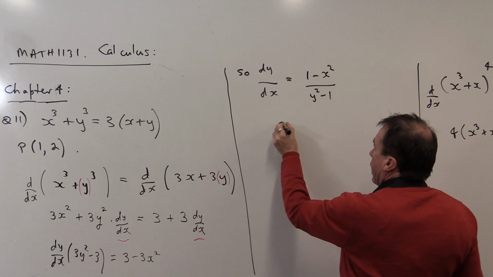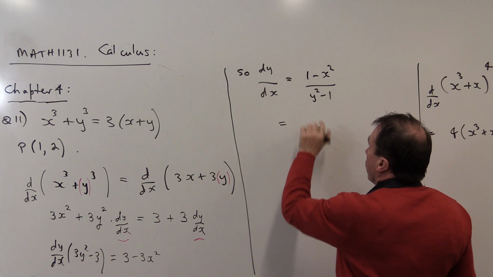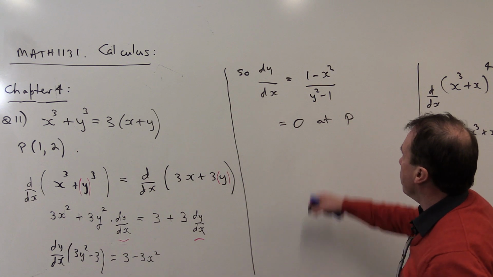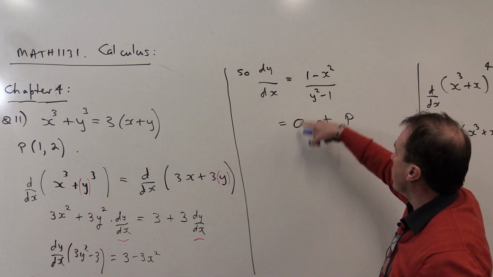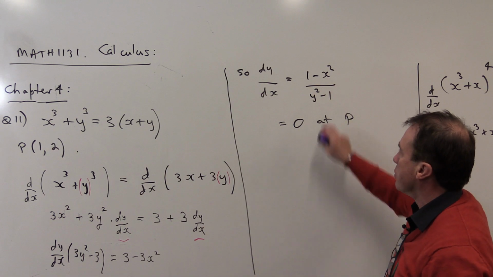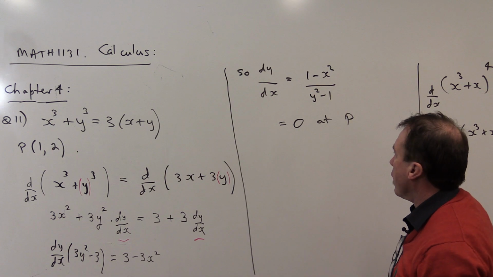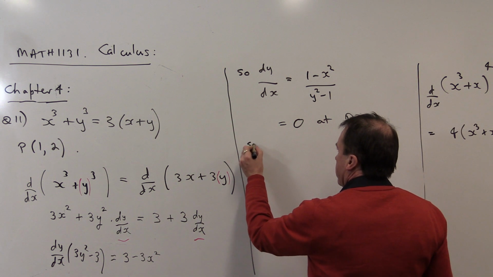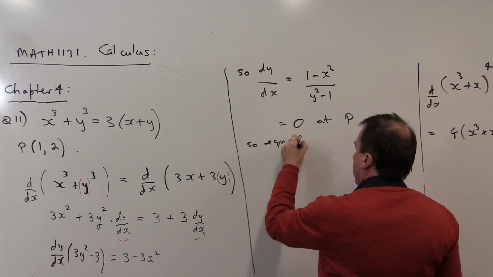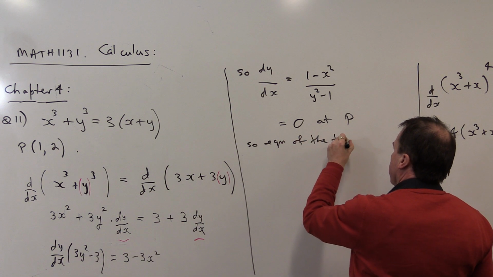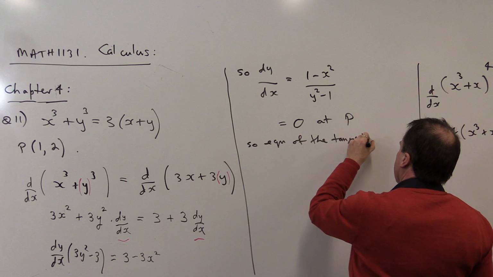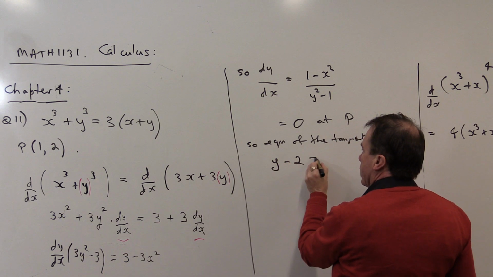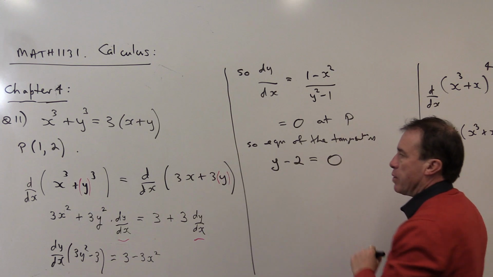And now I work that out at the point P, and that's going to be 0. Because at the point P, x is 1, so 1 squared minus 1 will give me 0, and the bottom's not 0. So if the derivative is 0 at that point, then the equation of the tangent is going to be y minus y1, that's y minus 2, equals m, which is 0, times x minus x1.